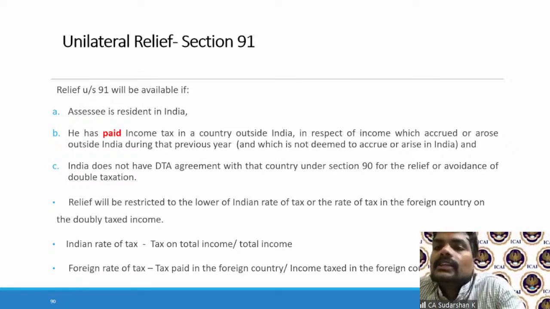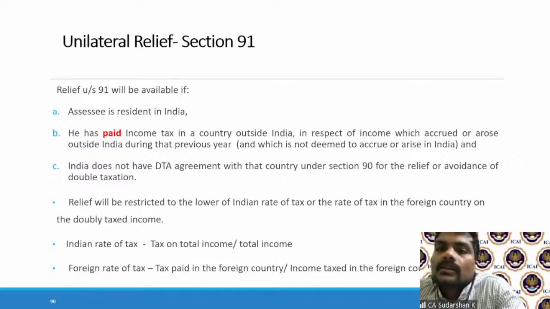Third, India should not have a double tax avoidance agreement with that country under section 90. Because normally, if you have an agreement, the agreement will tell you whether it is the exemption method or the credit method. As I already indicated, in the majority of its treaties India goes only by the credit method, very similar to what you are going to see in section 91. So India believes in giving credit rather than exempting.